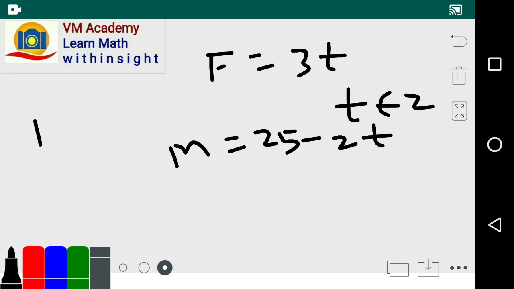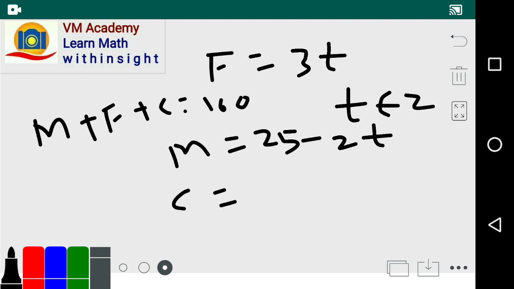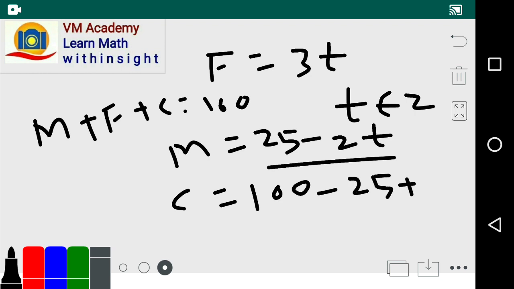And we know the number of men plus number of females plus number of children is 100. So c becomes, friends, 100 minus m, that is 100 minus 25 plus 2t, and minus this, minus 3t.